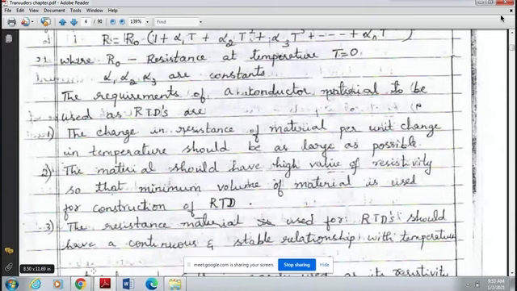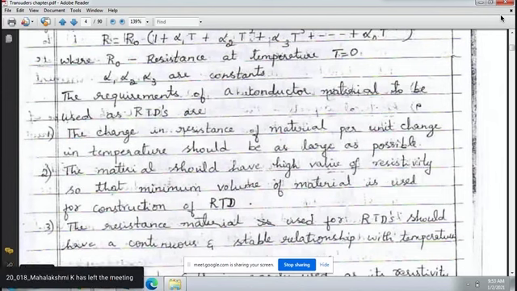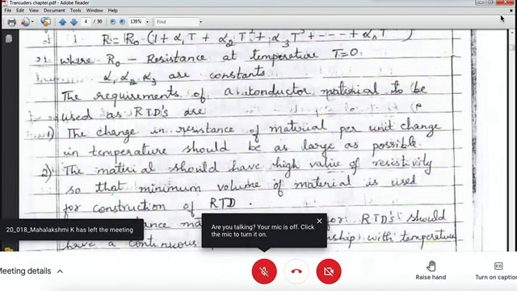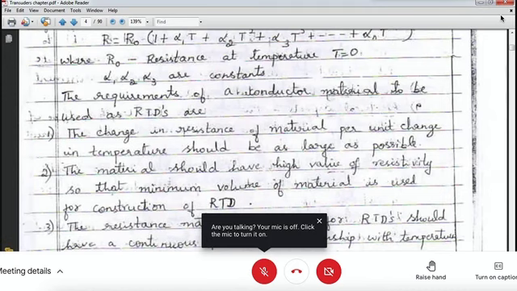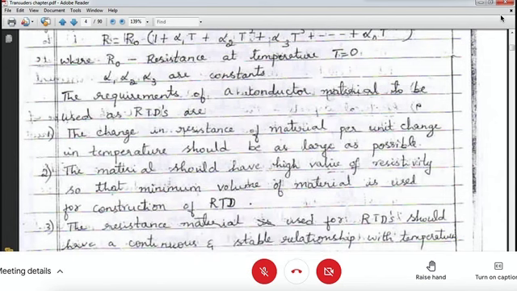All the minute changes that occur in the temperature should be sensed by this conductor. So if the material selected for the resistance temperature detector consists of all these parameters, then we can use that material for measuring the temperature in the case of a temperature transducer.